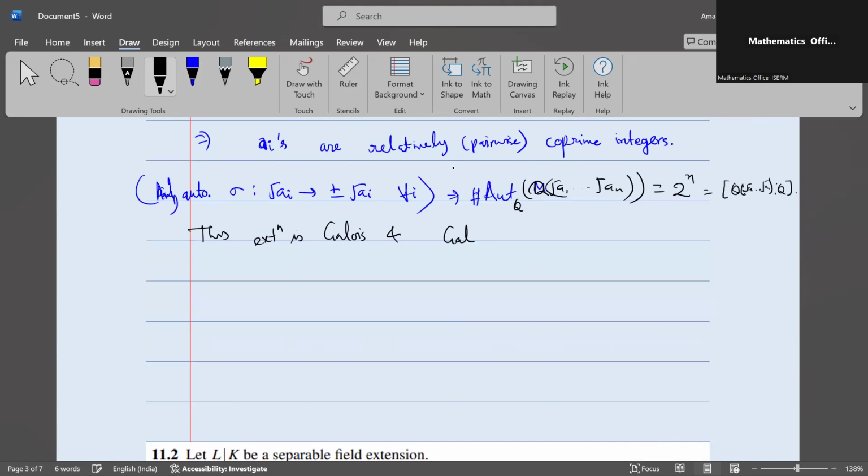The Galois group of Q(root A1, ..., root AN) is nothing but Z2 cross Z2 cross ... n times.